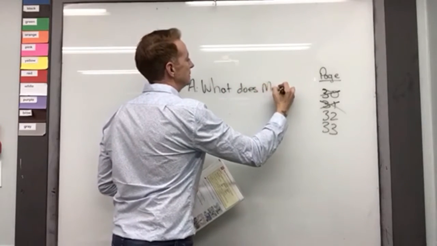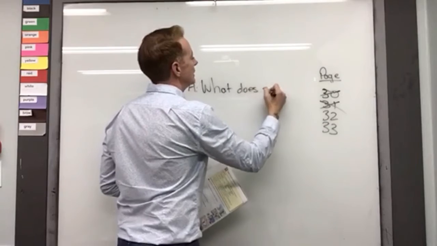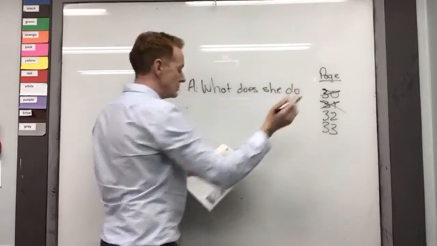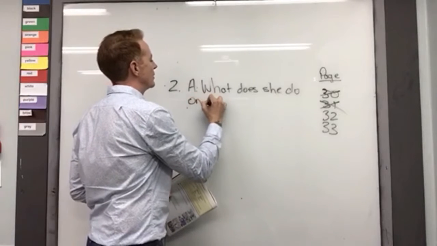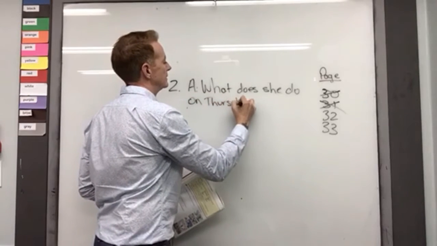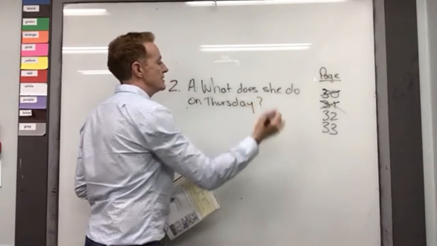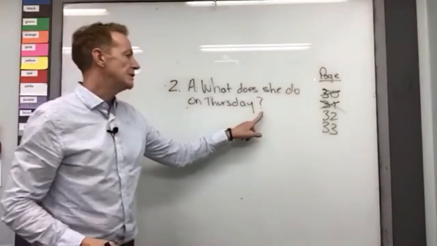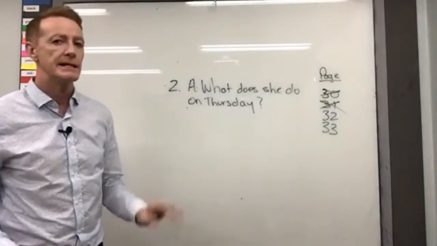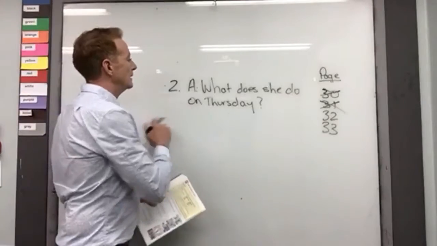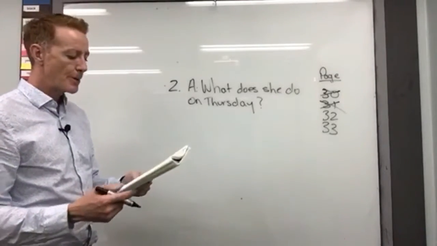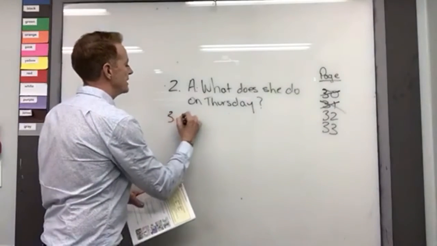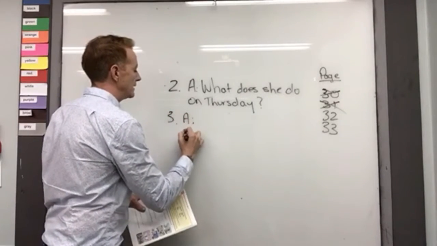What does she do on Thursday? And this is a question, so most importantly, you put a question mark at the end, not a period. So that is 2A. 2B, answer, she goes shopping on Thursday. All right, 3A and 3B.